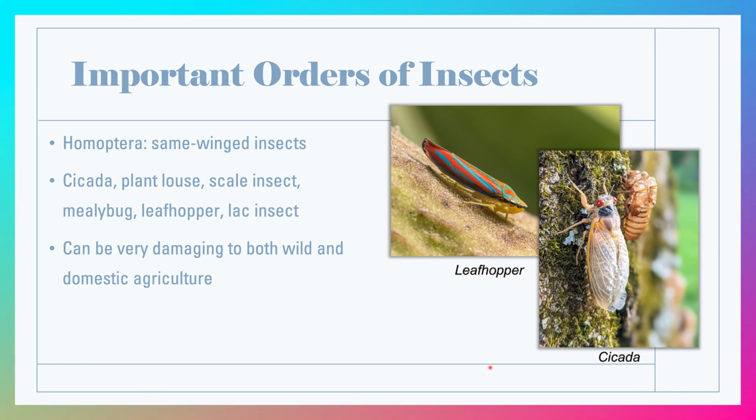They can be very damaging, both in the wild and also domestically to various agricultural endeavors. The material called shellac, which is used to cover various wood products, actually comes from lac insects that are ground up and put together to make shellac.